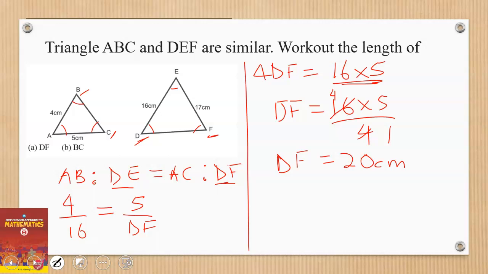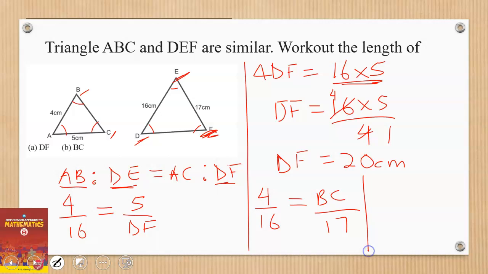Now to find the BC, again we can say the same thing that we did here, the AB is in proportion of DE, so I can still say 4 divided by 16, and that should be equal to BC also in proportion with FE, which is 17.